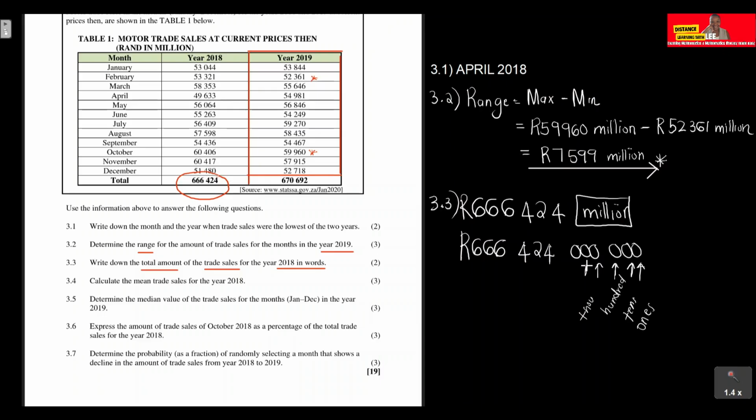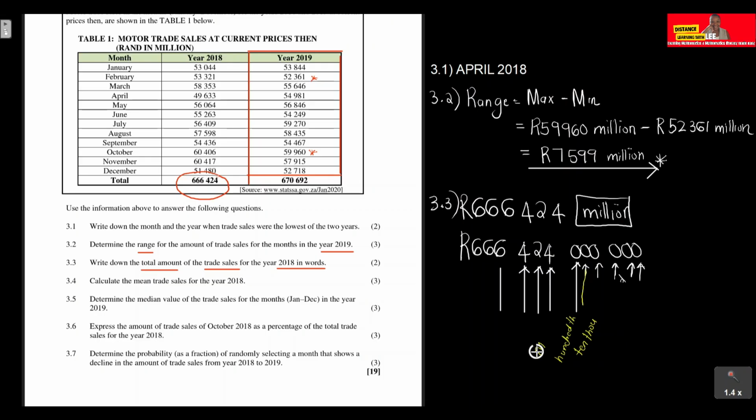This digit represents the 10,000s. This digit represents your 100,000s. This digit now represents your millions.